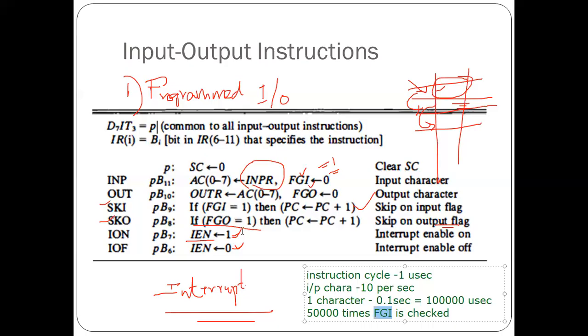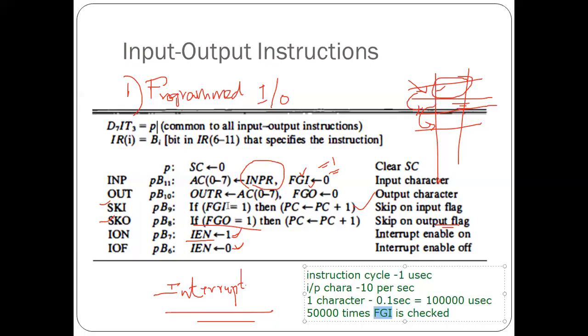This flag bit will be set as and when either of the devices, FGI or FGO, is 1. The flag bit is set. This will generate an interrupt to the processor. The processor will receive this and respond accordingly. That is what is called the interrupt method.